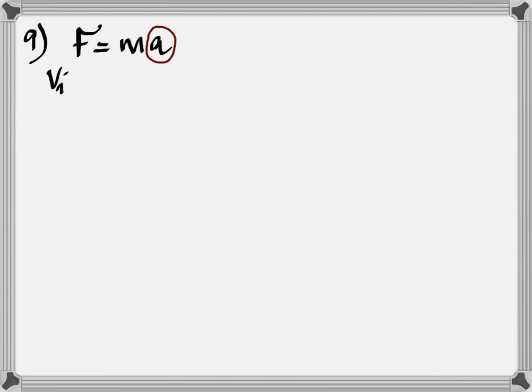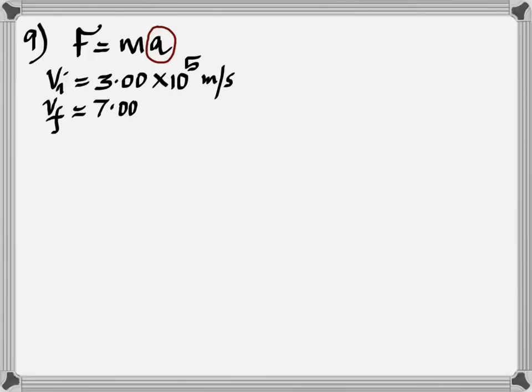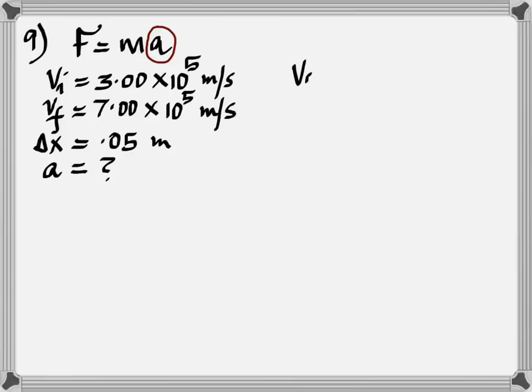In this case, the electron has mass and speed is given. Both its initial and final speeds and the distance given. Got to find the acceleration. Use this equation.